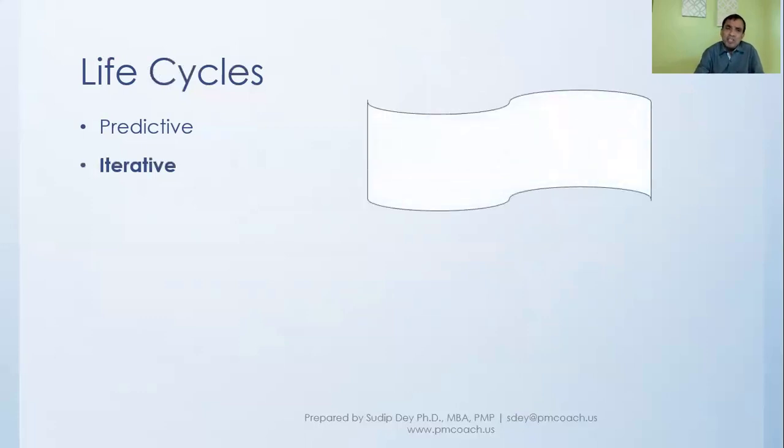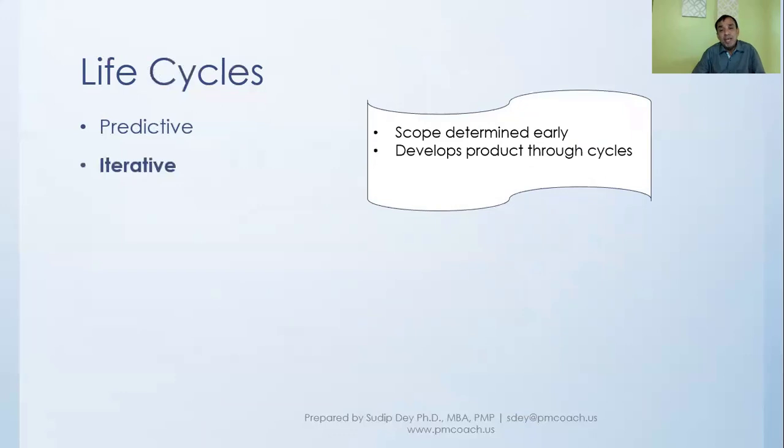So what happens in an iterative life cycle? Scope is determined early, so we know the scope, what needs to be done. But we develop that through cycles. In other words, we do a part and then we check with our business, the stakeholders, our users, take more feedback, and then take another round of development.